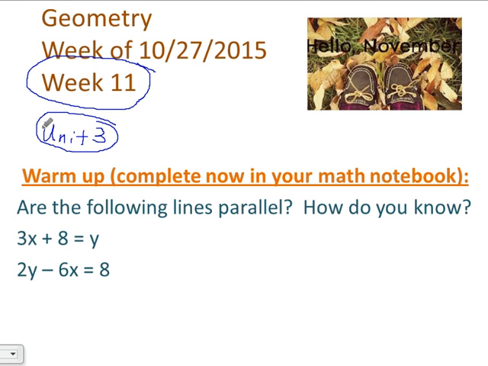And the concepts that we are going to start with are a little bit of review. We're going to be looking at how we can determine if lines are parallel or perpendicular.